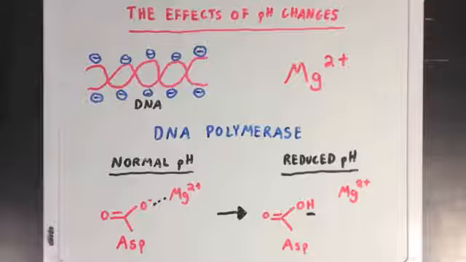And in its protonated form, aspartate no longer has a negative charge and can't hold on to that magnesium ion anymore. And overall, this means that DNA polymerase won't be able to do its job properly in a low pH environment, and keeping this enzyme at an appropriate pH is essential to its normal function.